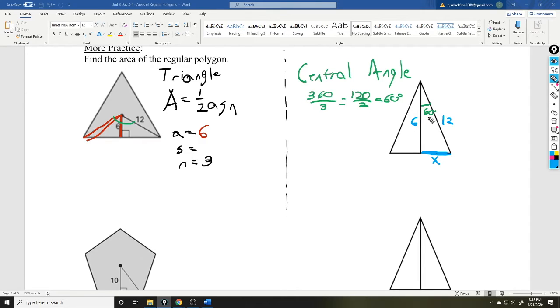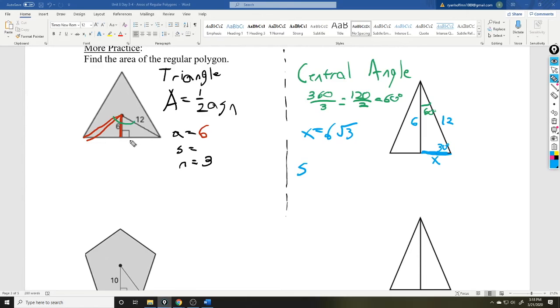30, 60, 90 triangle means that this is my hypotenuse. This is actually my short leg because it's opposite the 30. So opposite the 60 should be my long leg, which is whatever my short leg is, times square root of 3. Done. And again, if you do it a different way, you should also get 6 square root of 3. Oh, now that's not my side length.